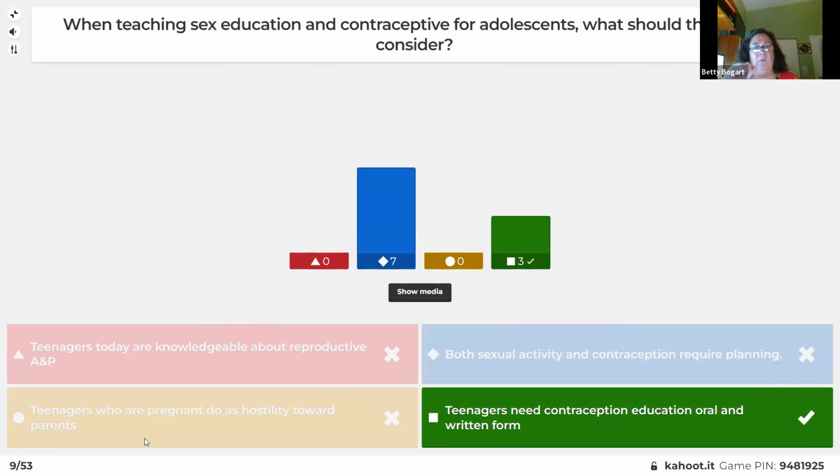So again, with contraception, sex education, you will give oral and a written form of information to them, okay? You are not going to give your opinions. You're just going to give them information.